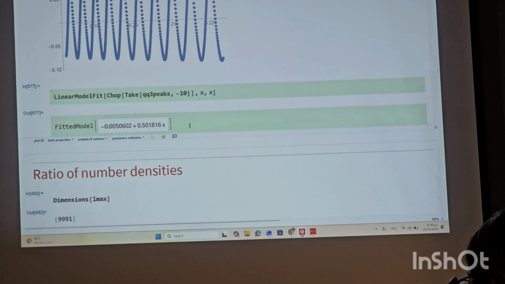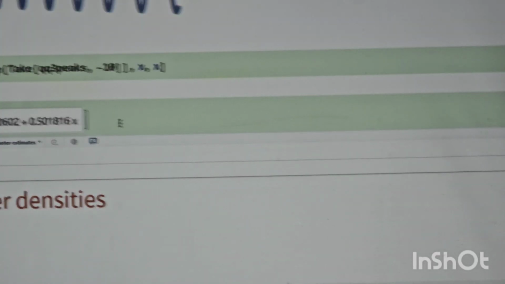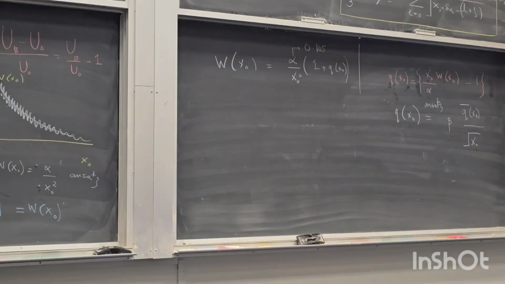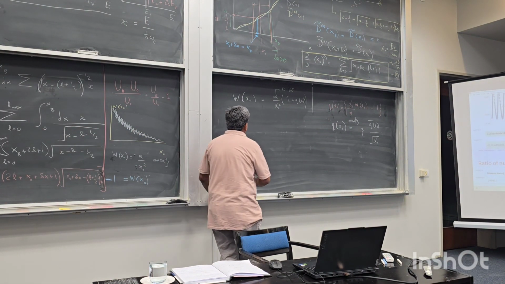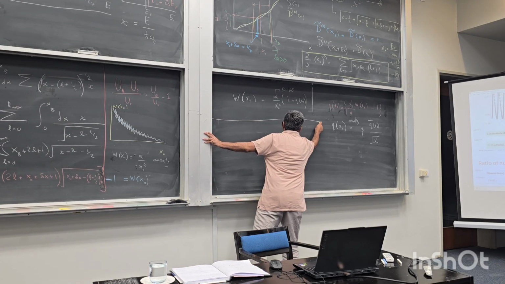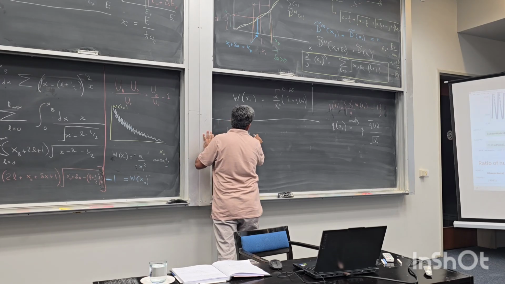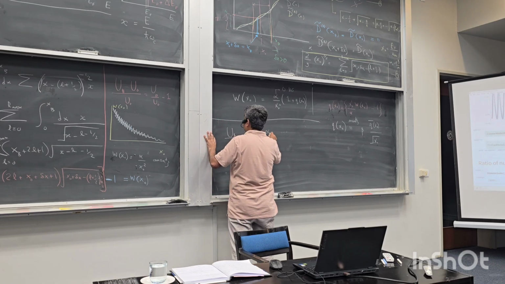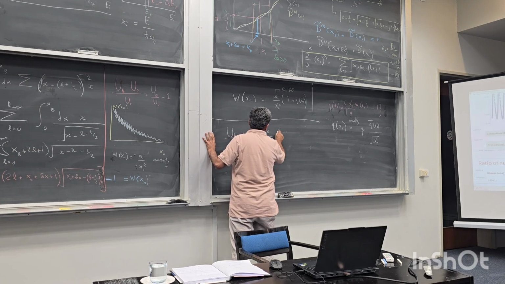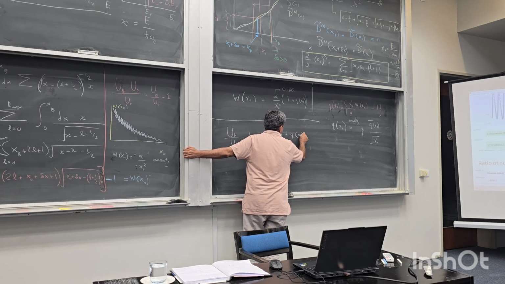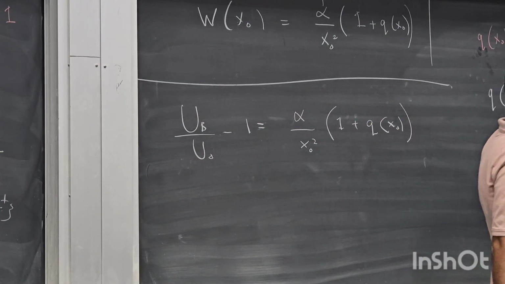So overall, if I were to find out finally what my energy looks like, my U B, final results: U B over U naught minus 1 is W x, but W x is alpha over x naught square times 1 plus Q x naught, but Q x naught is this.